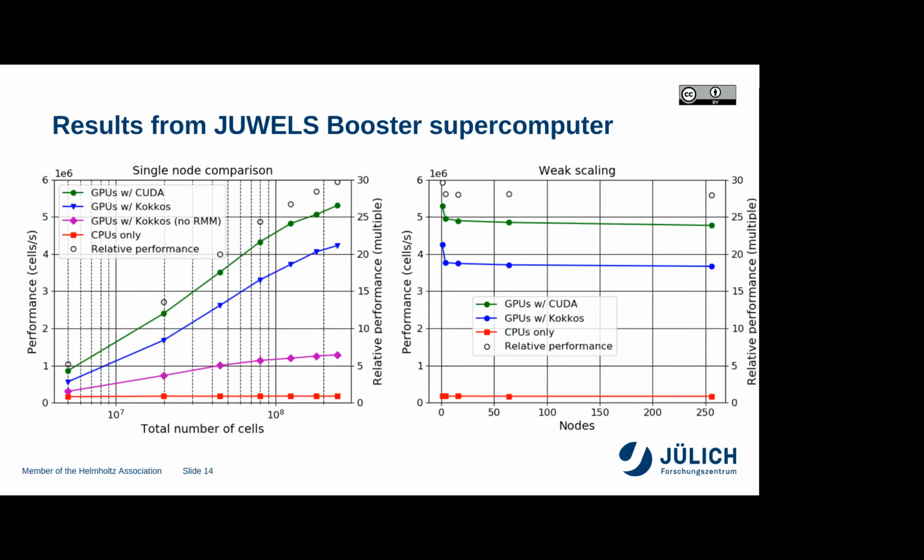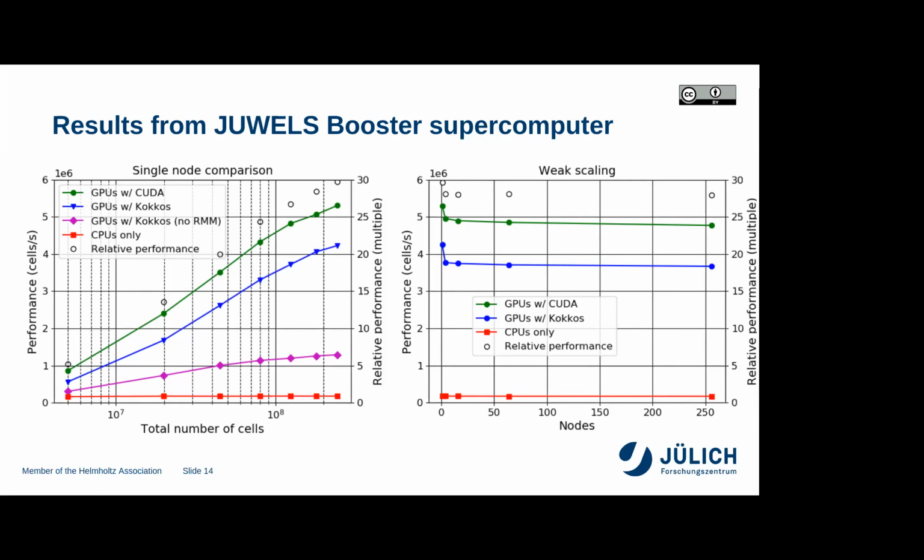And the right vertical axis is the relative performance multiple between the green and red lines represented by hollow circles. And we are getting almost 30 times speed up for the biggest problem sizes that fit the 40 gigabyte GPU memory when we use this CUDA backend. And the right plot represents weak scaling between 1 and 256 nodes.